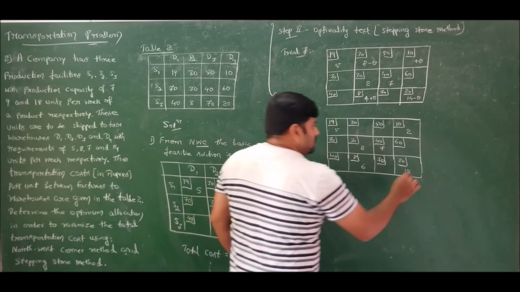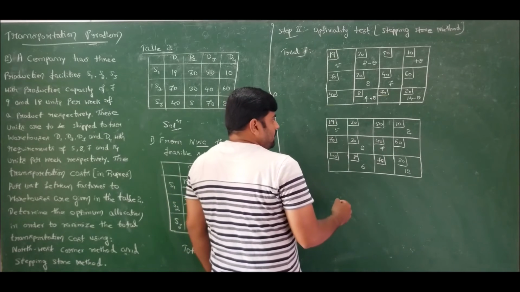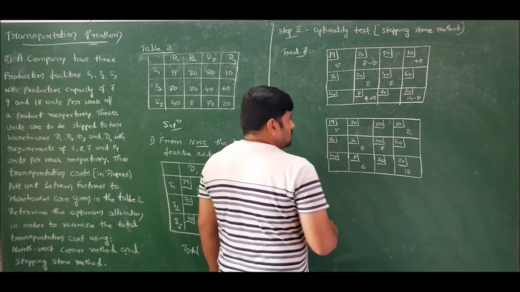Again we should inspect whether there is a net increase or decrease by inspecting unallocated cells by creating a loop. Before that, let me calculate the total cost.